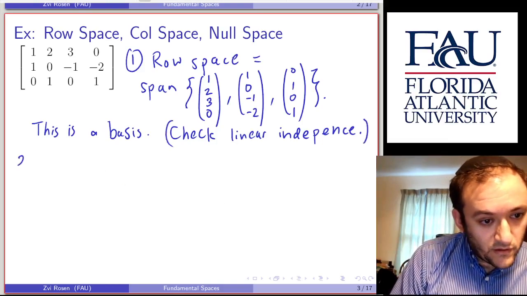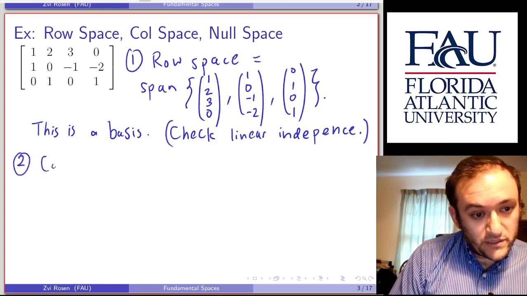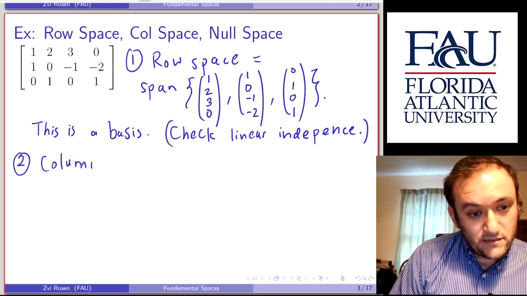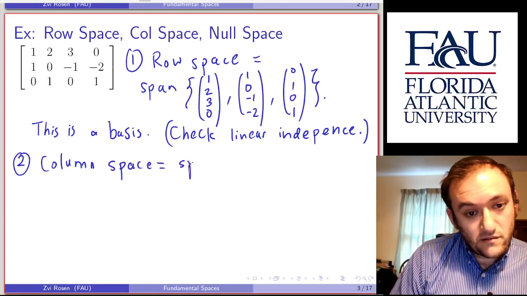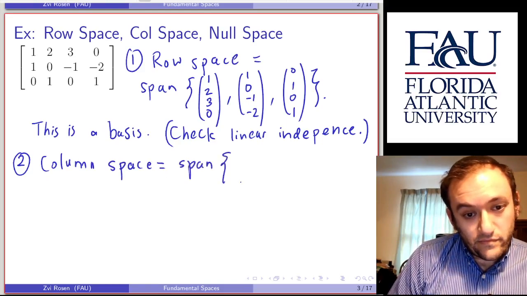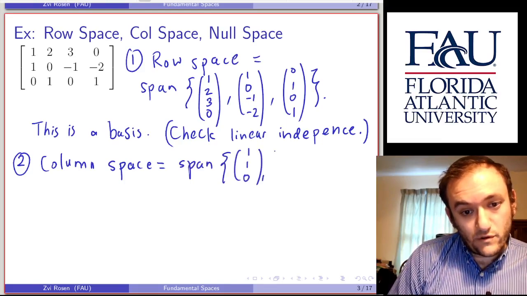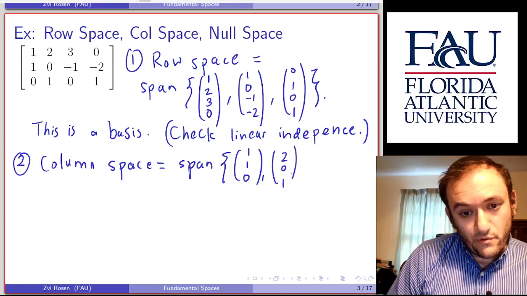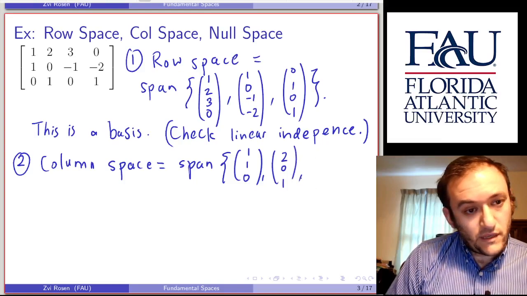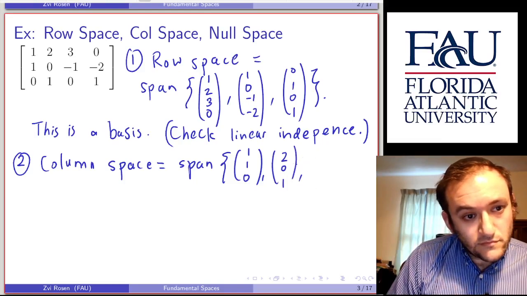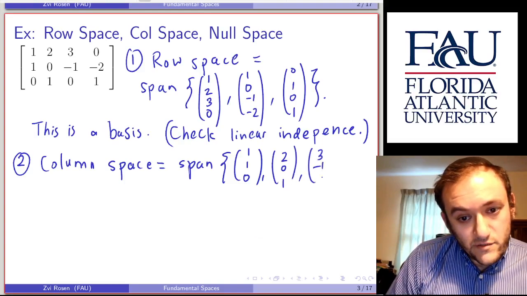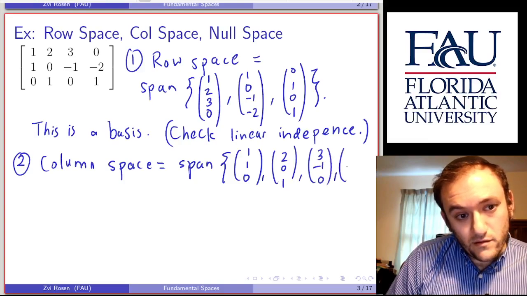Meanwhile, if we want to know what the column space is, this will be the span of the columns: (1, 1, 0), (2, 0, 1), (3, -1, 0), (0, -2, 1).